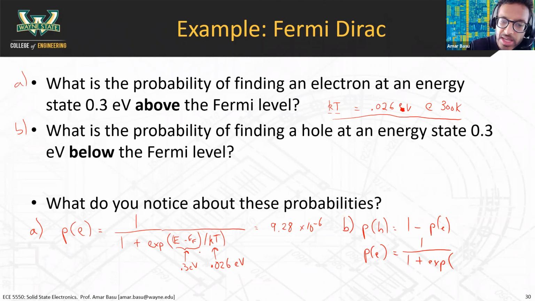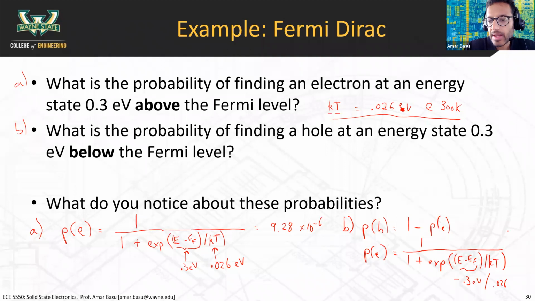this portion here, the E minus EF. Because the energy is below the Fermi level, this portion here, you're actually going to put negative 0.3, instead of positive 0.3. And then the denominator will still be 0.026.